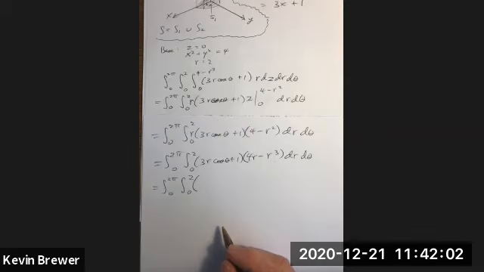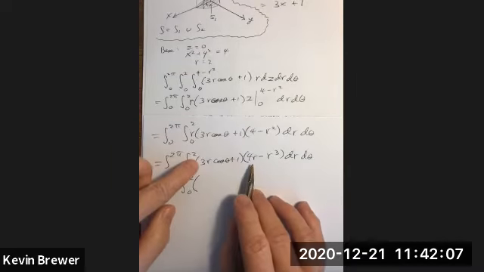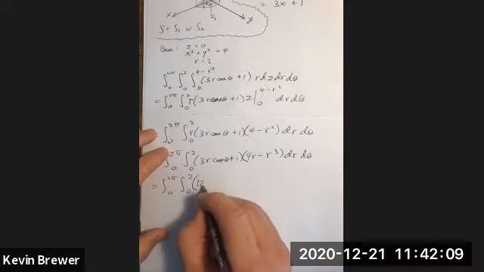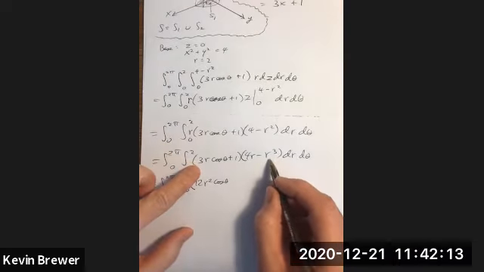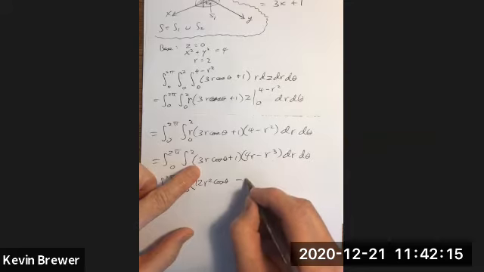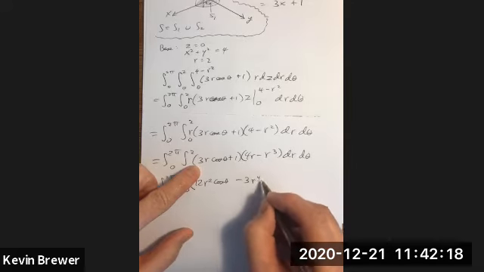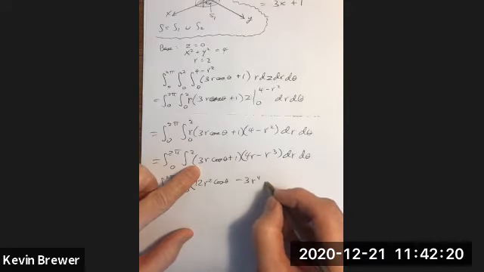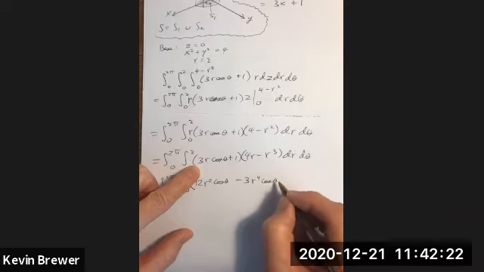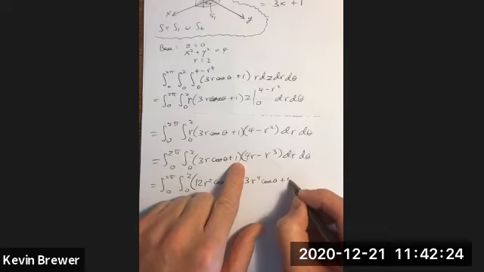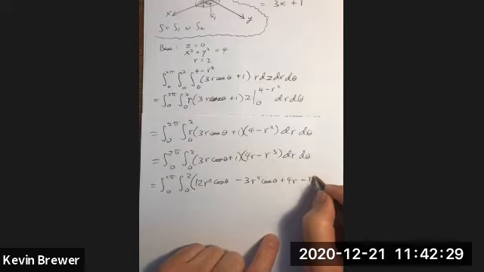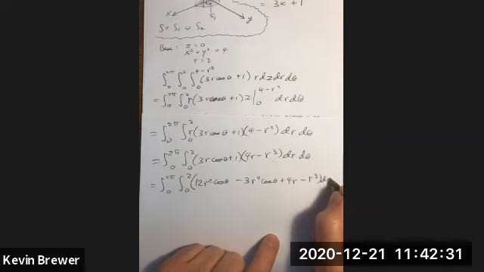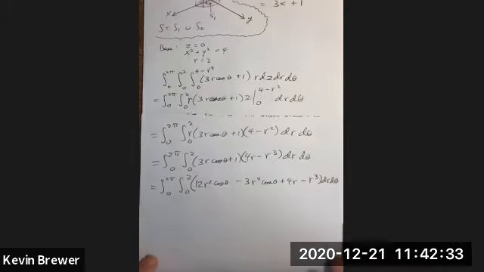And we get 12r squared cosine theta minus 3r to the 4th cosine theta plus 4r minus r cubed dr d theta.